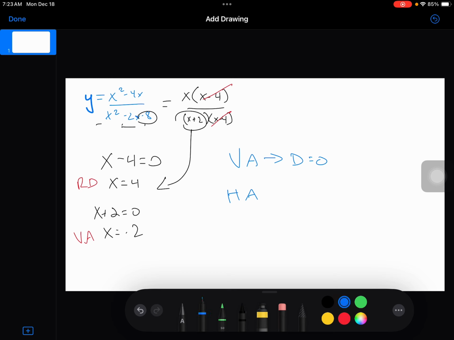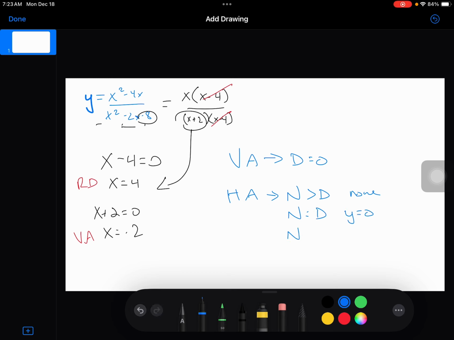Last thing we've got to think about is the horizontal asymptotes. These come in a couple different types. If the degree of the numerator is greater than the degree of the denominator, then we can just do synthetic division and there's not going to be a horizontal asymptote, so there are none. If the degree of the numerator is less than the degree of the denominator, then it's at y equals 0.